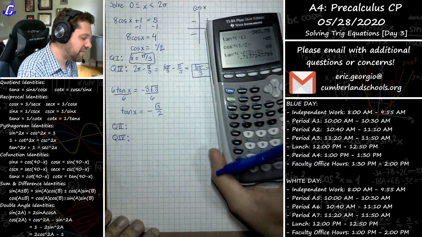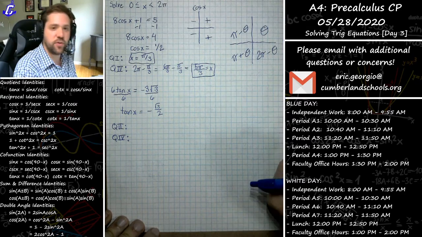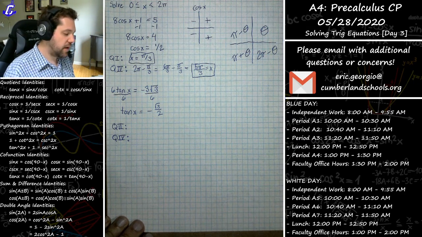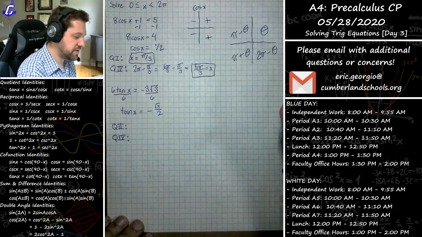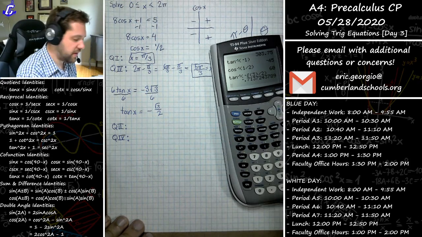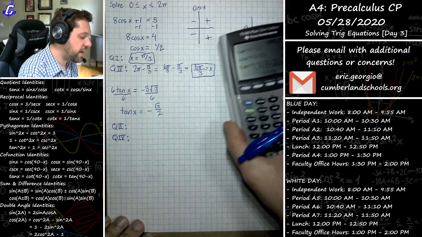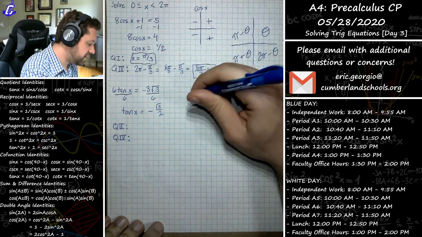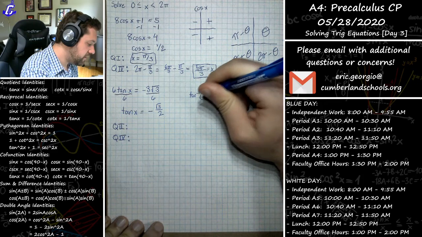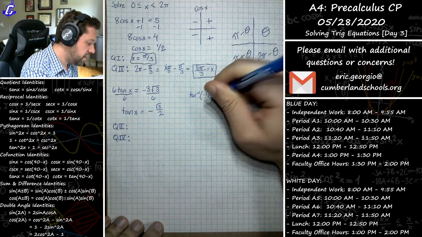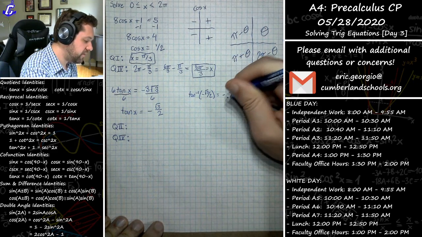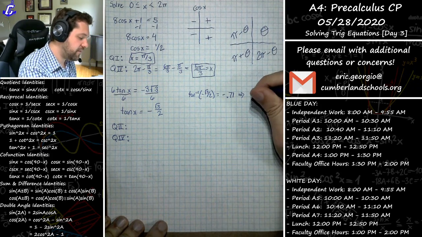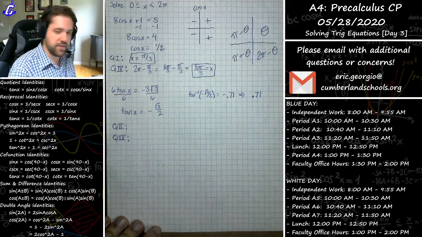Well, negative 0.71 is in your fourth quadrant, right? Just like how if we got a negative degree measure, that would be in the fourth quadrant. This is also in the fourth quadrant, this negative 0.71, right? We can go ahead and move it to the first quadrant, though, to say, well, this value of the tangent inverse of negative rad 3 over 2, giving us negative 0.71, has a reference angle in the first quadrant as positive 0.71.